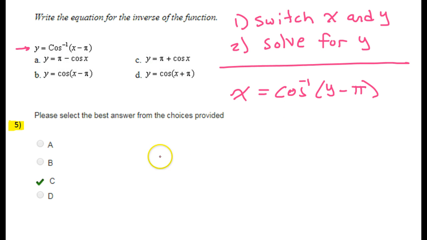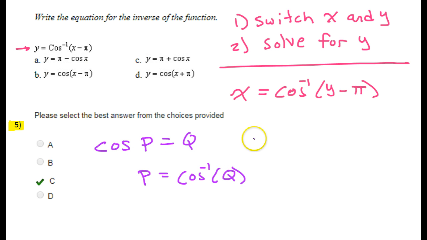So look, just off to the side real quick, understand this. If I have the cosine of, let's say, p is equal to q, then that means that p is equal to the inverse cosine of q.